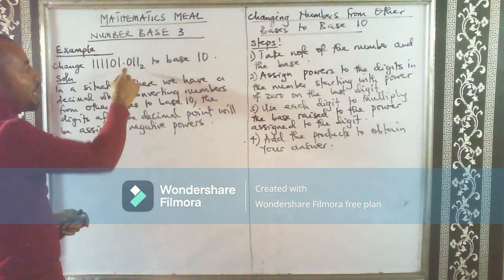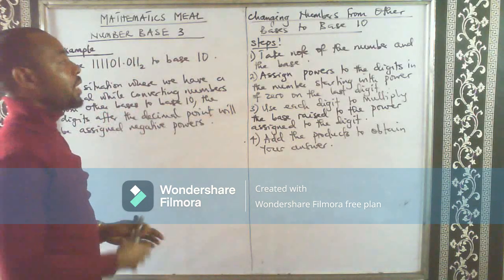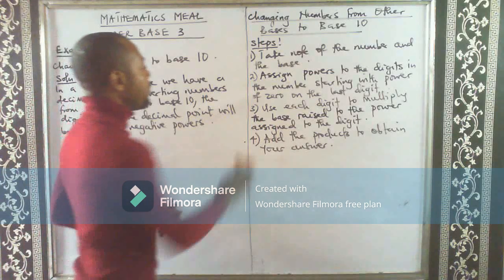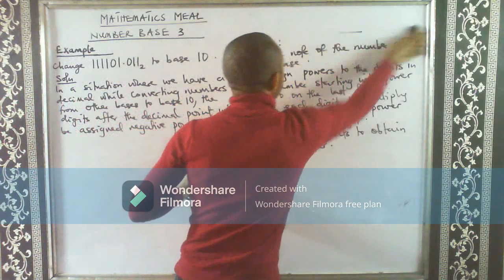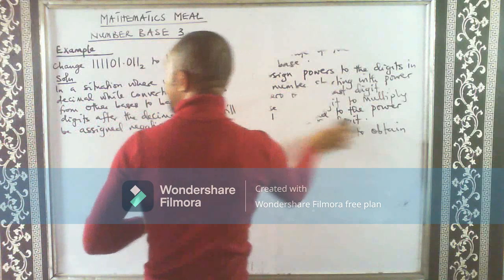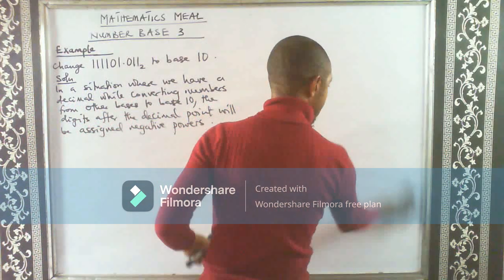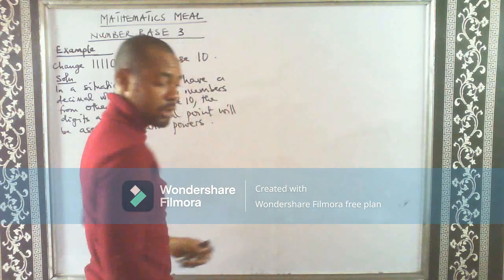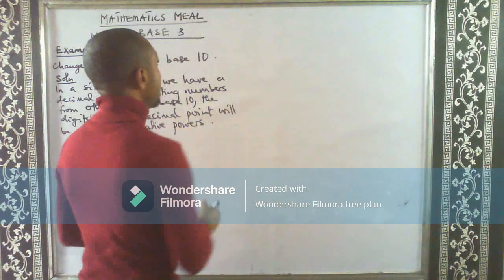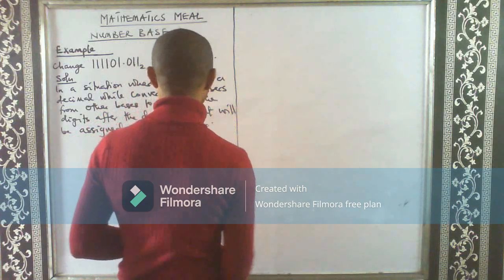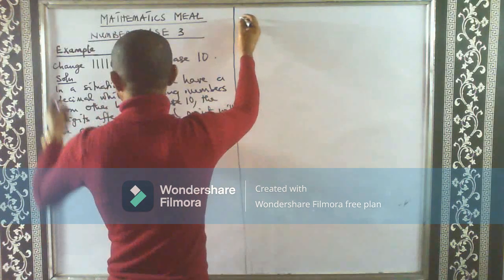No. The digits after the decimal point will be assigned negative powers. So let's now apply that and solve this equation. I believe the whole principle is clear now, the steps, so we can wipe it and continue with our equation. So we have the solution to this now.